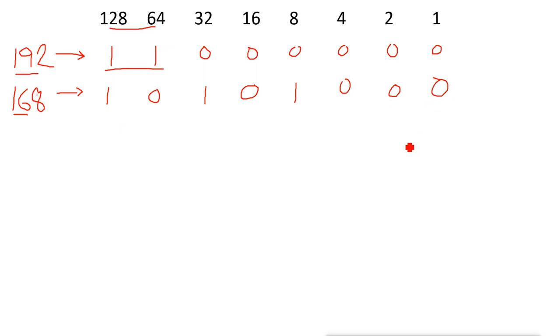So the machine knows binary and we know decimal. For us it is 192 and for the machine it is this, because we don't understand binary. So IPv4 is designed in decimal, and we have these decimal numbers.